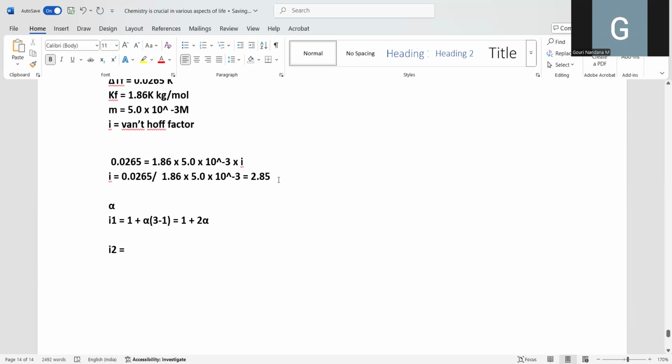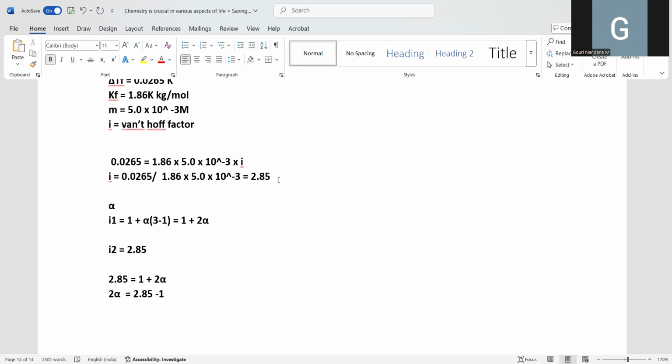Now, experimentally, I2 will be 2.85, which we already found. So now you can put it into the equation. That is 2.85 equal to 1 plus 2 alpha. From this, you can find the degree of dissociation. 2 alpha is equal to 2.85 minus 1.